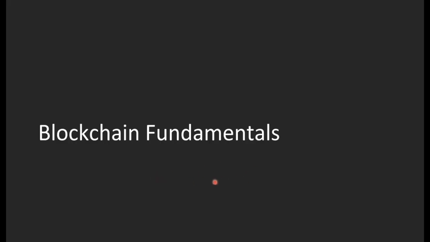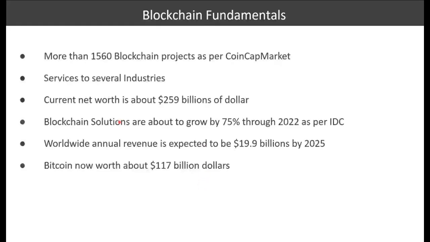So a little bit about blockchain fundamentals. There are more than 1,500 blockchain projects currently in flight. These are major projects according to CoinCap Market. Services to several industries include mostly financial transactions, but also transactions on other assets. Current net worth is about $259 billion.